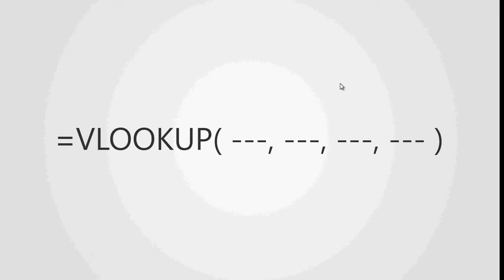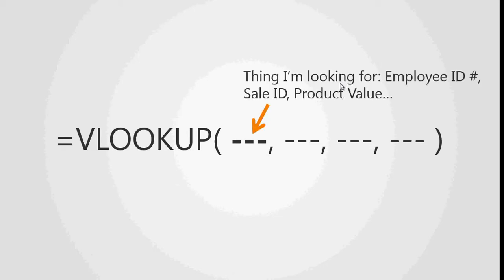The first part of the VLOOKUP function, this first position inside the VLOOKUP function, is for whatever it is you're looking for. So for example, you might put in something like a sale ID if you're looking at a table full of sales transactions, or you might put in an employee ID if you're looking at a table full of employees, or you might put in the value of a particular product if you're looking at a table full of products.